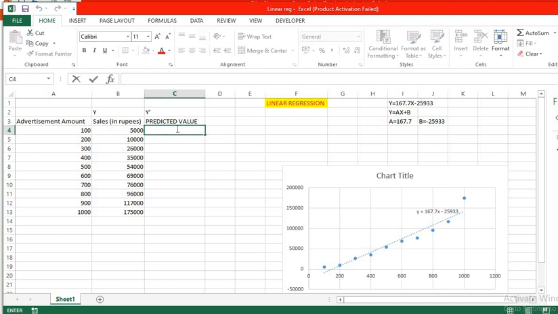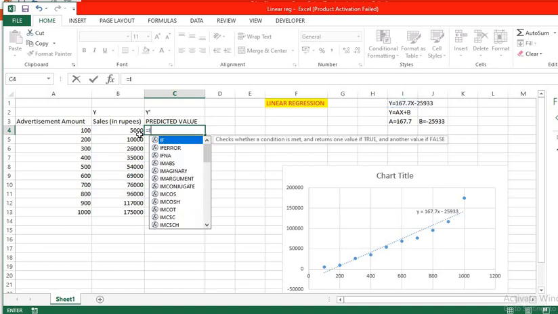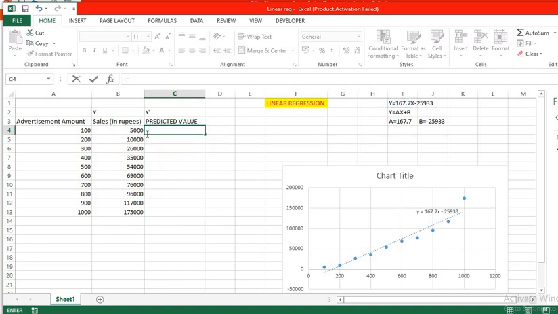Now we have to calculate the predicted value. I am going to substitute the value of x in this particular equation so that I will get the predicted value. For that, I'm using this a and b.